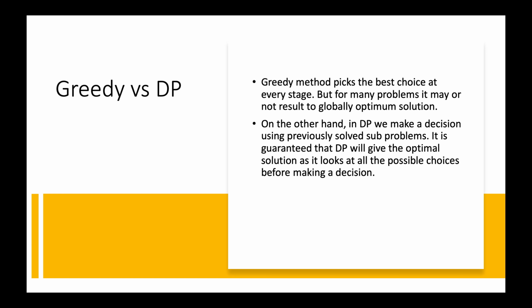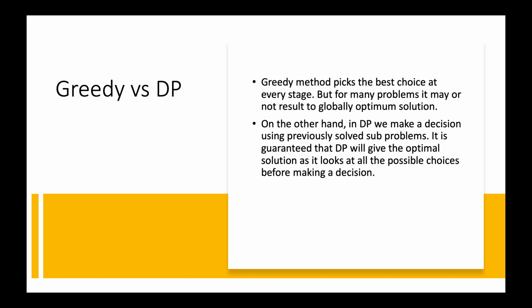So we want to look at differences between greedy approach and dynamic programming approach as well. So greedy method picks the best choice at every stage, but for many problems, it may or may not result in a globally optimum solution. On the other hand, in dynamic programming, we make a decision using previously solved subproblems.